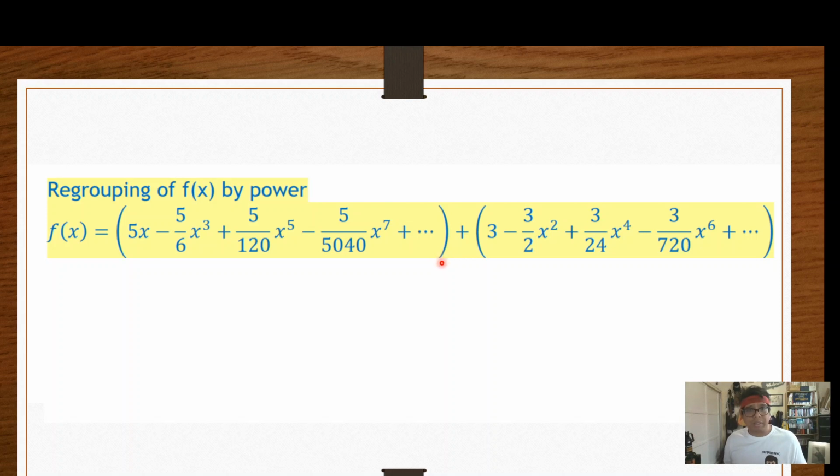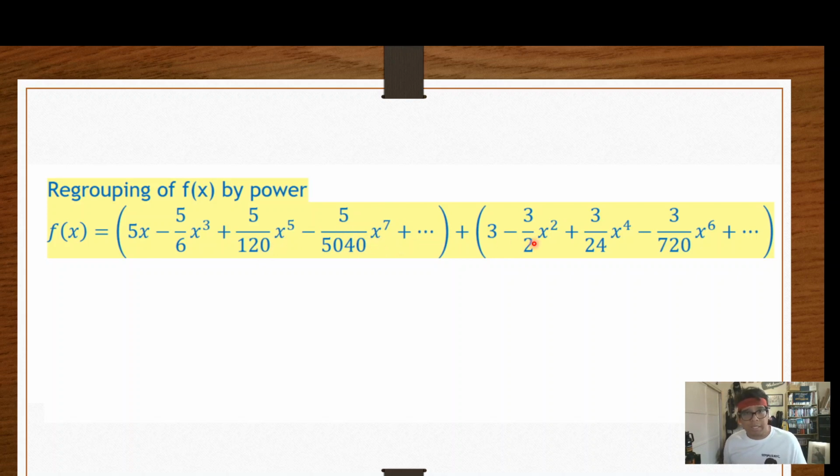The other thing I'm noticing is these denominators look familiar. They should look familiar because they are factorials. 1 factorial is 1, 3 factorial is 6, 5 factorial is 120, and bonus points if you knew that 7 factorial is 5040.